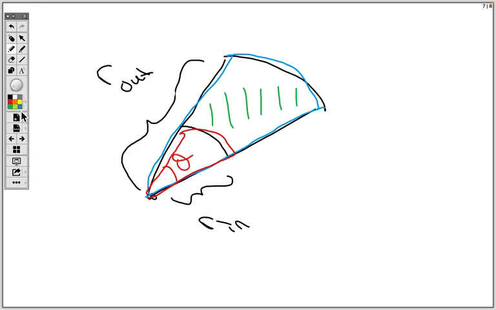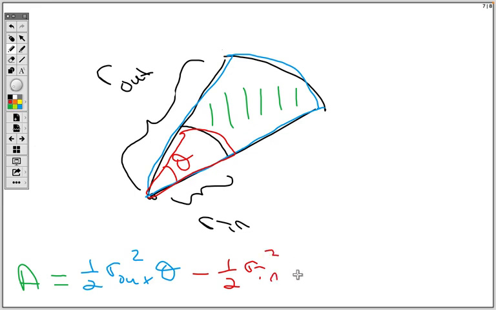So the blue area, the area I want, is the area of the entire piece, which we know is 1/2 the radius r out squared times theta, minus the area of this piece, 1/2 the inner radius squared times theta.